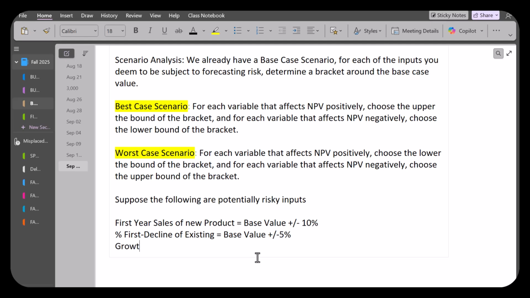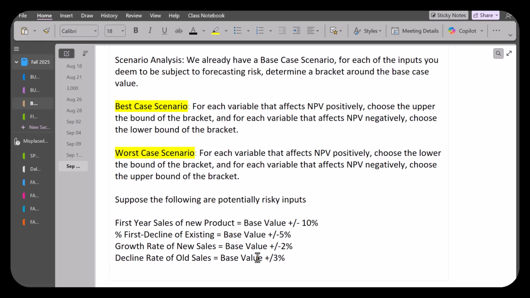Growth rate of new sales, plus or minus 2%, decline rate of, I'm going to call that old sales, maybe 3%.